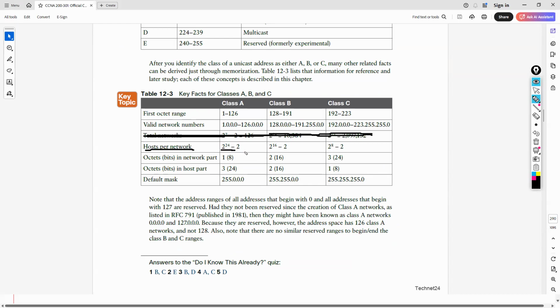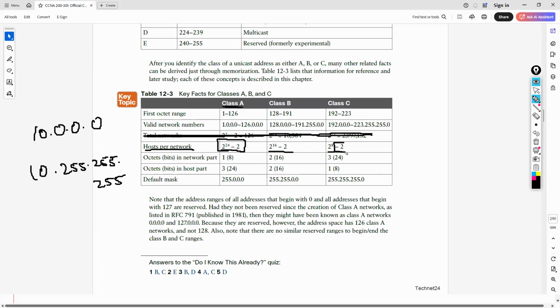You have 2 power 24 minus 2 hosts in class A. So we saw 10.0.0.0 up till 10.255.255.255 was the IP address range, right? Then in class B, because you just have 2 host octets, you have 2 power 16 minus 2, and in class C you have 2 power 8 minus 2.